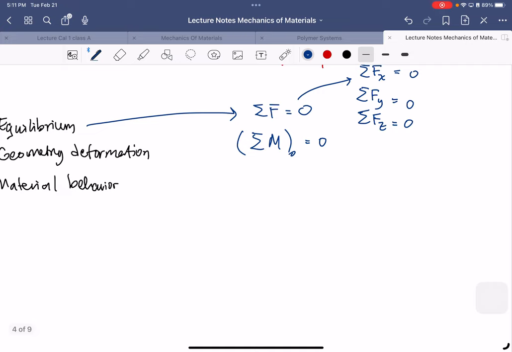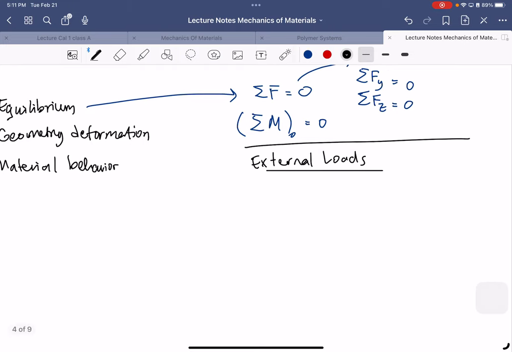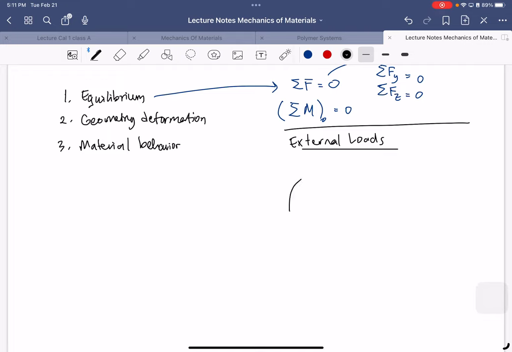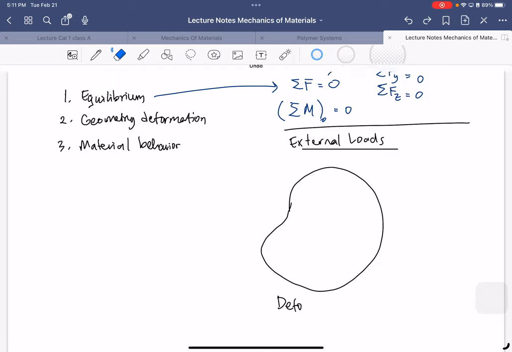Aside from the equilibrium here, because it's related to force, we also need to see that there are some external loads. I forgot to put some pictures here, but let me just draw for you. Let's say this is our deformable body. This we call a concentrated force.